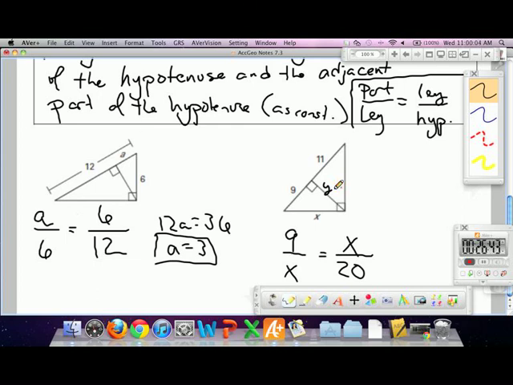It's an altitude, and it's the geometric mean of what two numbers? 9 and 11. It's that first theorem. So if I asked you to find y, we could say 9 is to y as y is to 11. Cross multiply, solve, go from there.